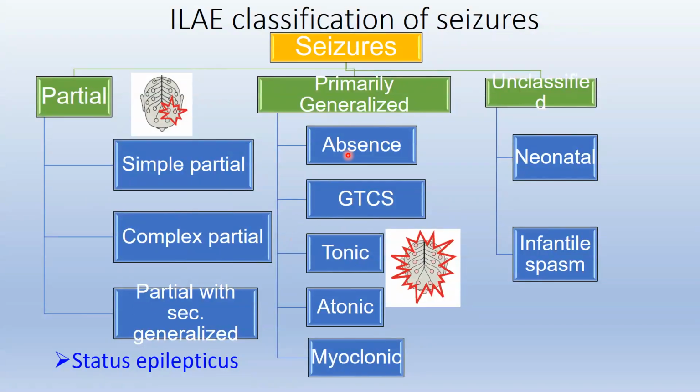Whereas the primary generalized seizures are classified into absence seizures, generalized tonic clonic seizures, atonic seizures, tonic seizures, and myoclonic seizures. Here, usually global involvement of the CNS is seen. Unclassified seizures include neonatal seizures and infantile spasms.